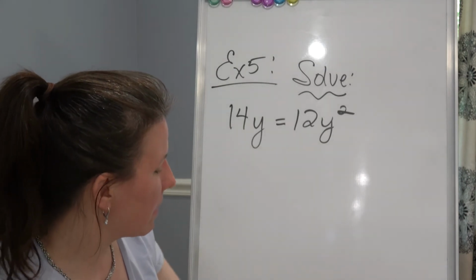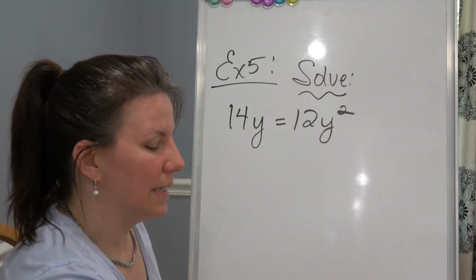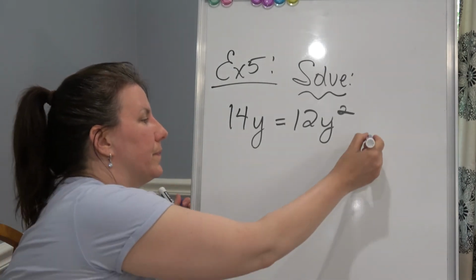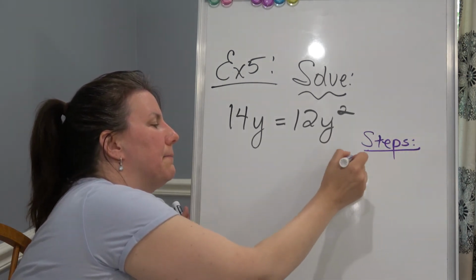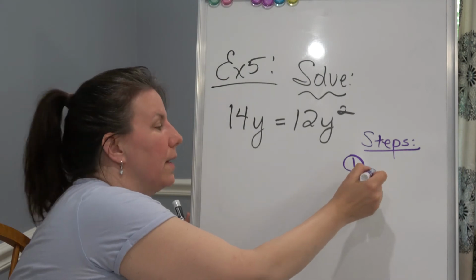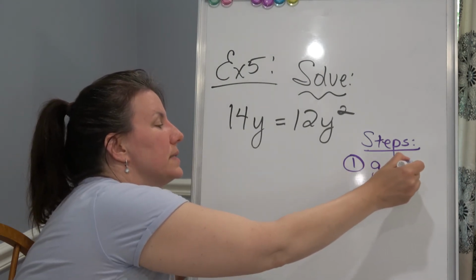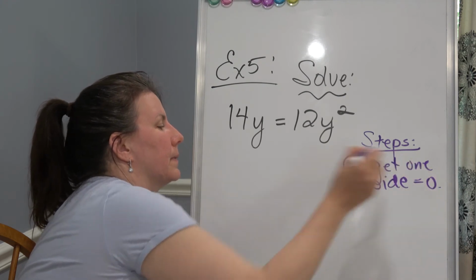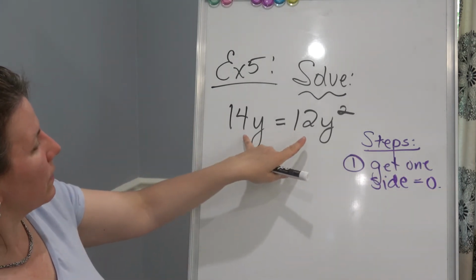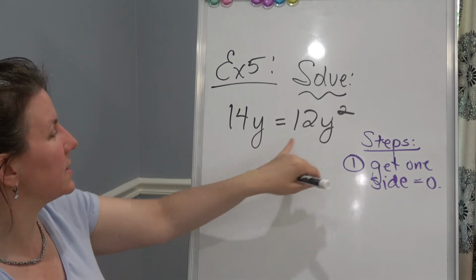There are some very careful steps that you want to go through, and I have these written in my notes on Schoology. First thing is to get one side equal to 0. Here we've got variables on both sides, so just decide where you want it.